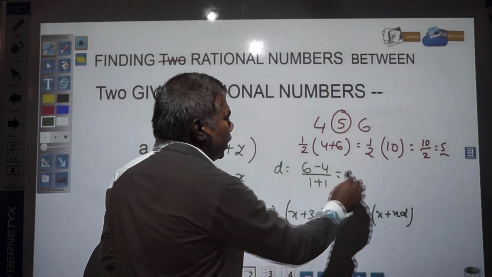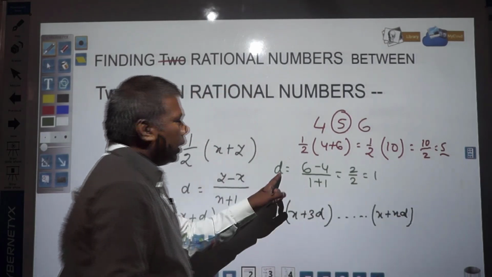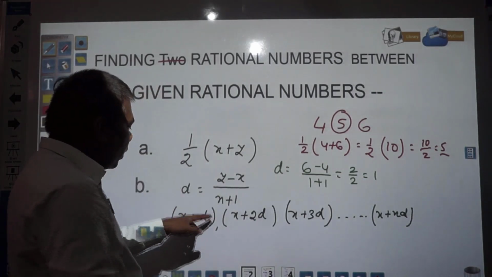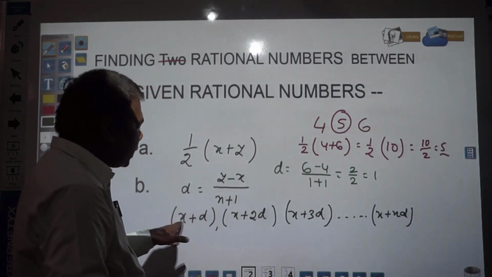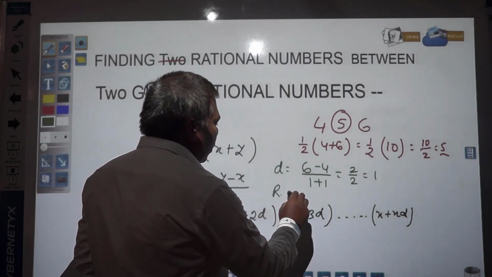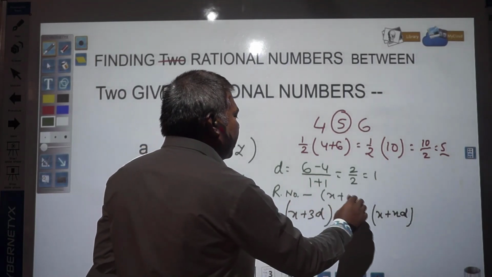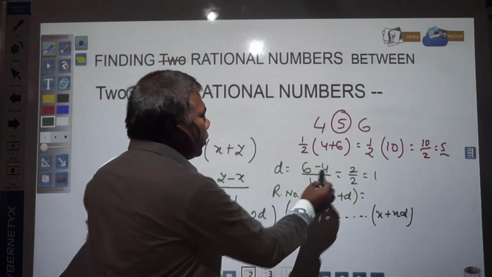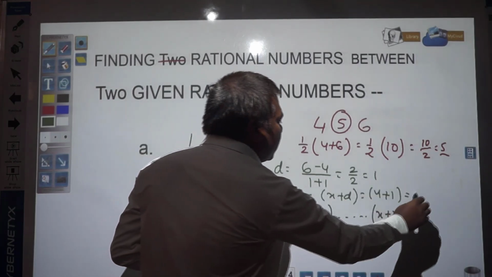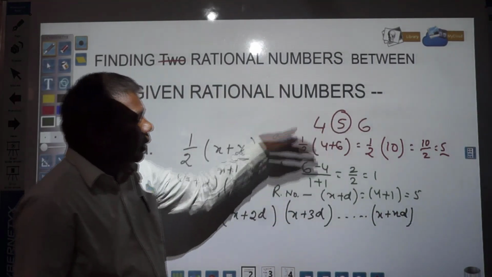So this is 2 by 2, which is 1. So d is equal to 1. Now apply x plus d: the required number is x plus d, that is 4 plus 1, which is 5.